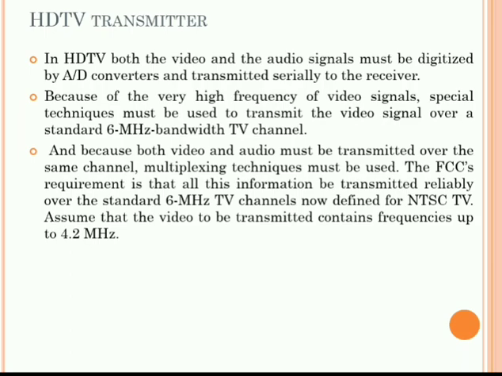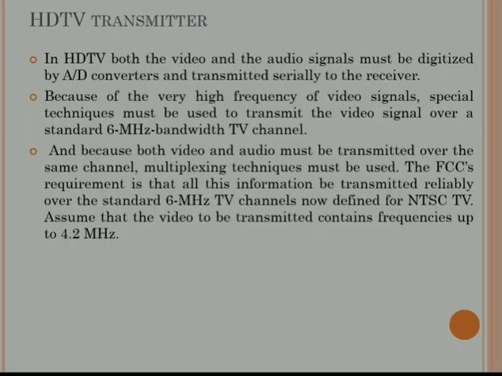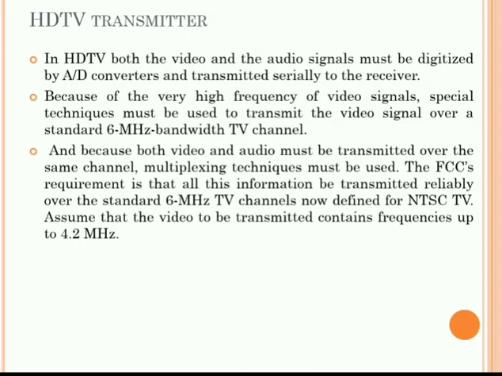So we are considering here that the video to be transmitted contains frequencies up to 4.2 megahertz. For this particular signal to be digitized, it must be sampled at least 2 times per cycle, or at a minimum sampling rate of 8.4 megahertz.